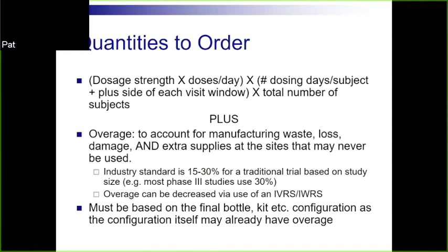So at each site, there's going to be one of each of 3 kits. At the end of the study, because we've kept these sites poised to be able to enroll any of 3 subject types, those 3 kits are going to go to waste once the subject meets full enrollment, because we had to be prepared to enroll at any of the sites, any of the treatment arms. So again, that 30% covers things like the planned unused material at sites at the conclusion of the study.